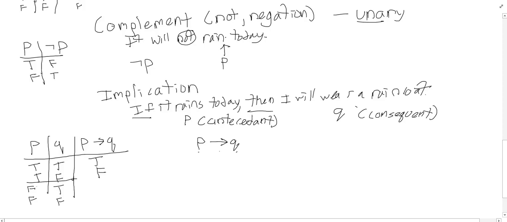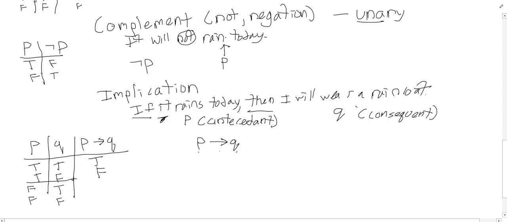What happens if it doesn't rain? If it doesn't rain but I still wear my raincoat, is the statement wrong? Well, no. The statement says nothing about what happens if it doesn't rain. It only says that if it rains, then I'll wear my raincoat. If it doesn't rain and I still wear it, I wasn't lying.